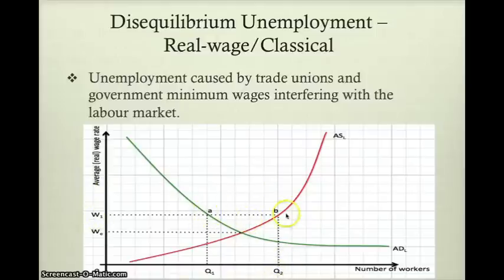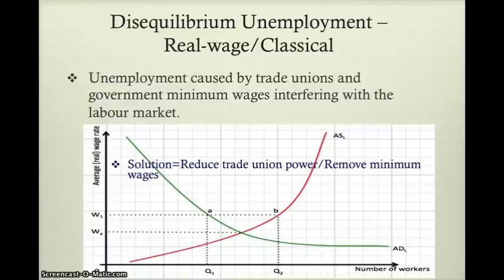So we have an excess supply of workers here. And we can see that at WE, which is the equilibrium wage, there'd be a lot less unemployment, only about here between the two quantities. To solve this issue, the simple answer is to reduce trade union power or remove minimum wages.